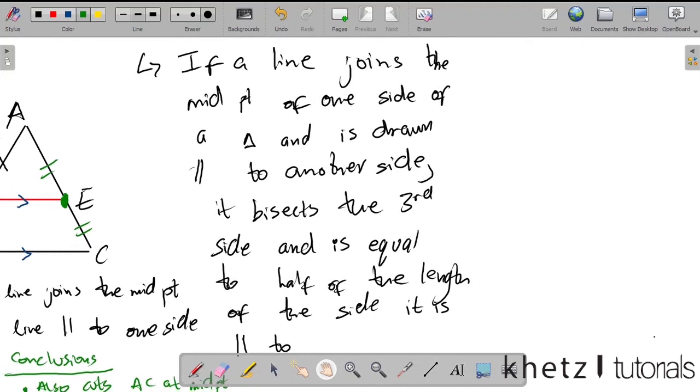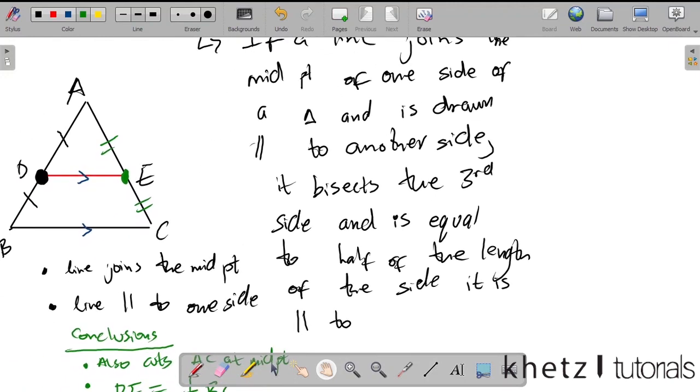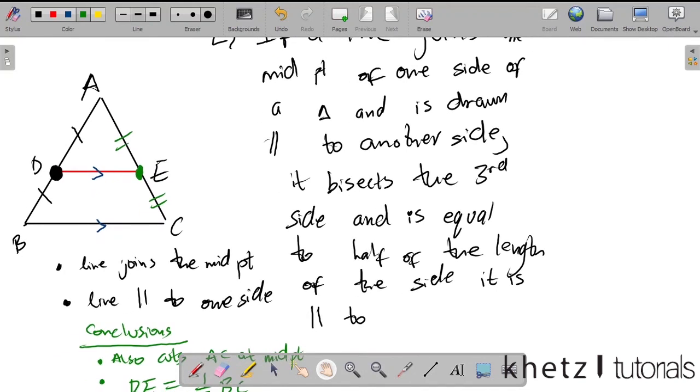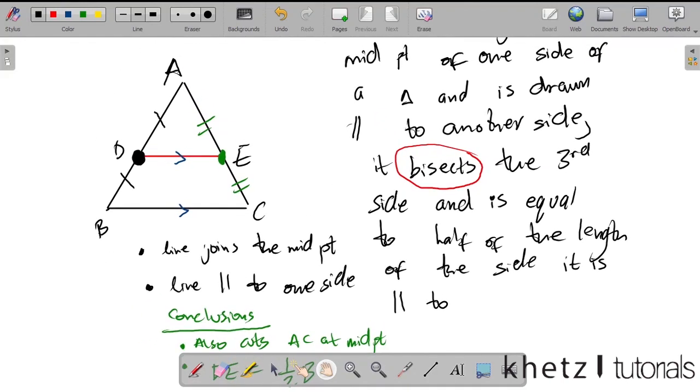If a line joins the midpoint of one side of a triangle and is drawn parallel to another side, it bisects the third side. And this word bisect means to cut in half. So it bisects the third side and is equal to half of the length of the side it is parallel to. So that is all with regards to this video and the midpoint theorem.